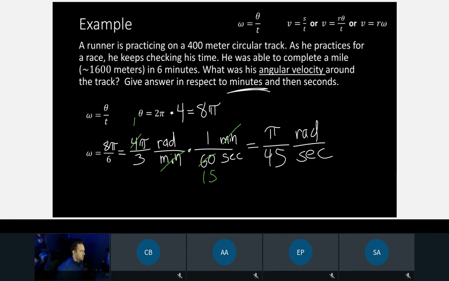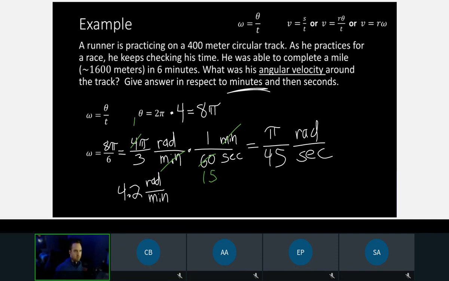And let's convert these two answers into decimals. So everyone type in 4 pi divided by 3. Let's round to the nearest tenth. It doesn't say to do that, but let's go ahead and do the nearest tenth just because we did that for the last problem. So it's going to be about 4.2 radians per minute.